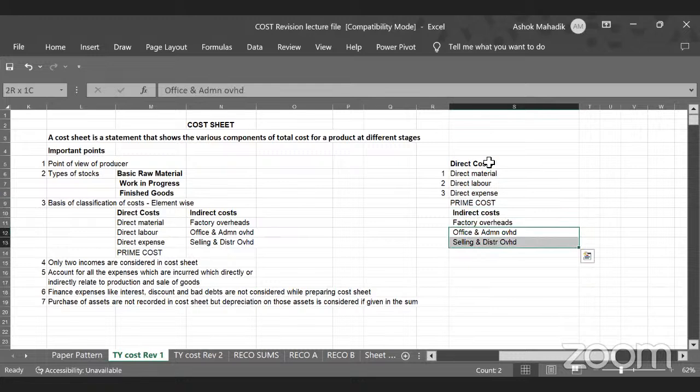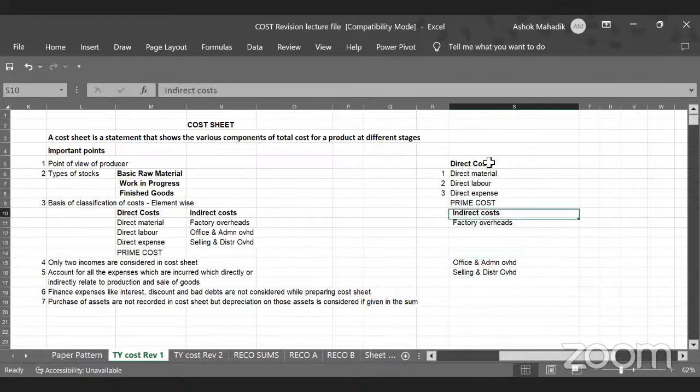Now, under indirect cost, first take factory overheads. Whatever prime cost amount you have received, in that you will add the factory overheads amount. This head will cover all the factory expenses, all the expenses which are related to production activity. Now, after factory overheads are totaled, what do we have to do?